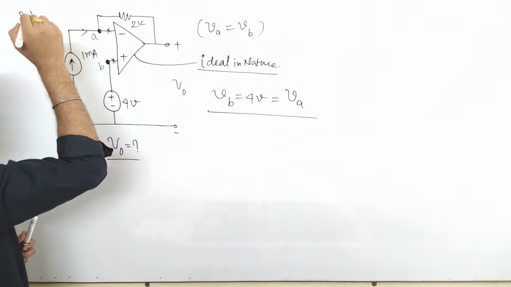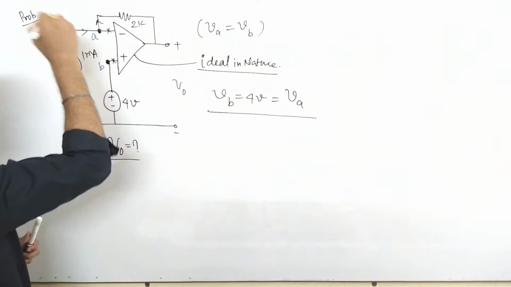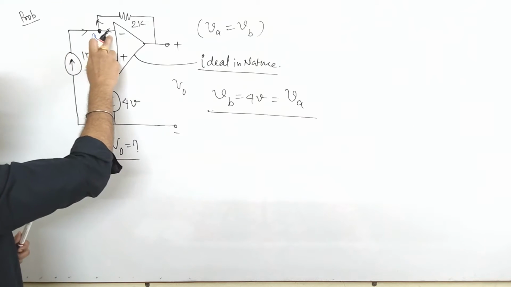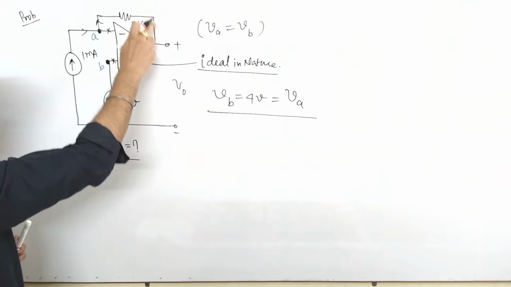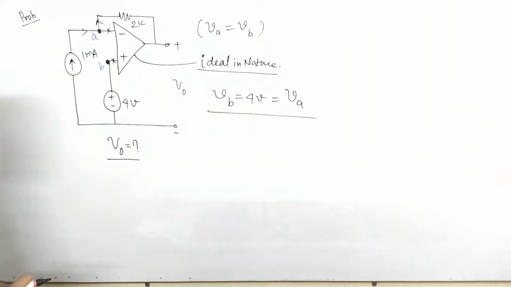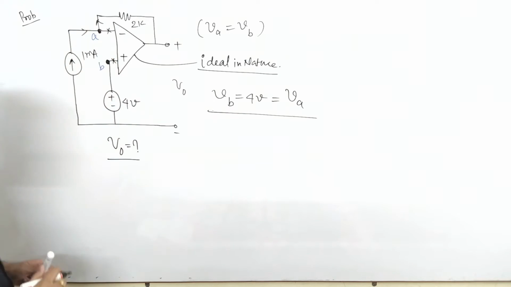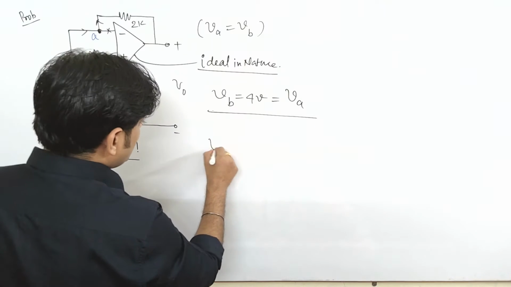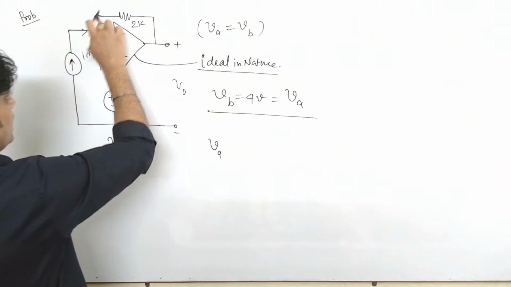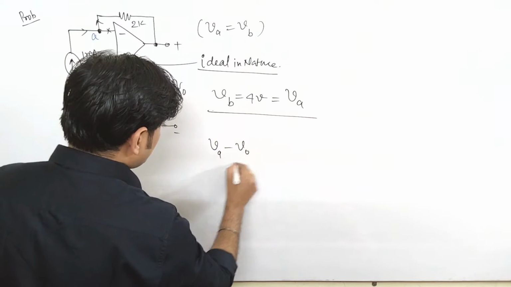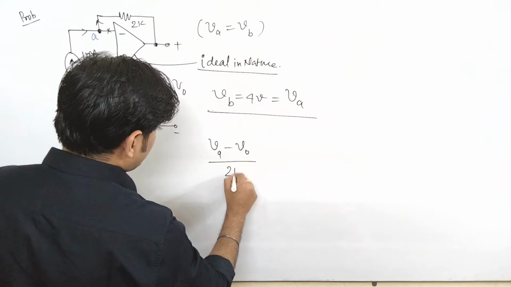See, one current is coming here, and I will consider that current will go there itself. Since no current will enter here, the same current will move here. So the potential here is VA, and here the potential is V0, so the current is VA minus V0 upon 2K.